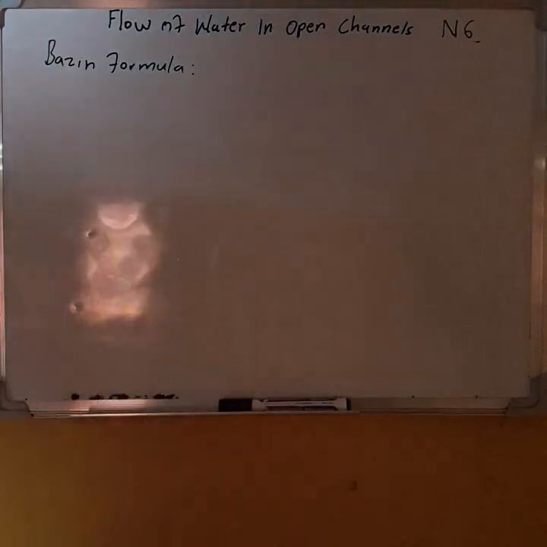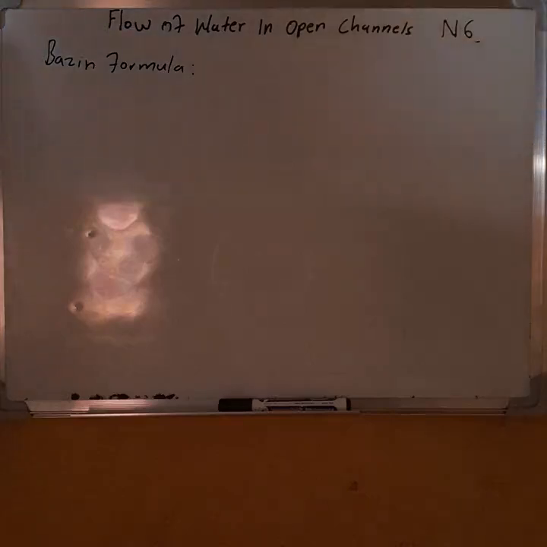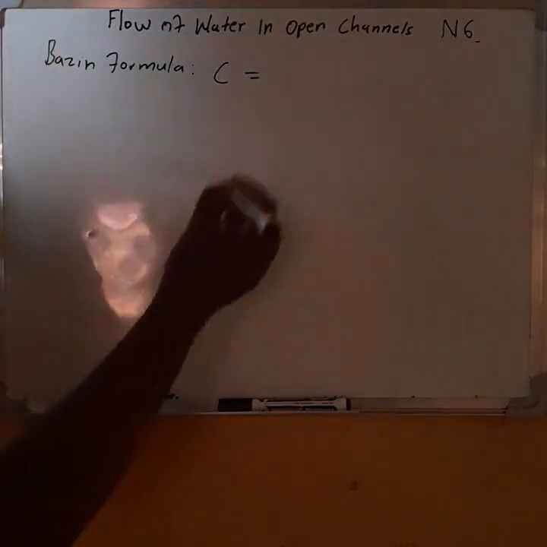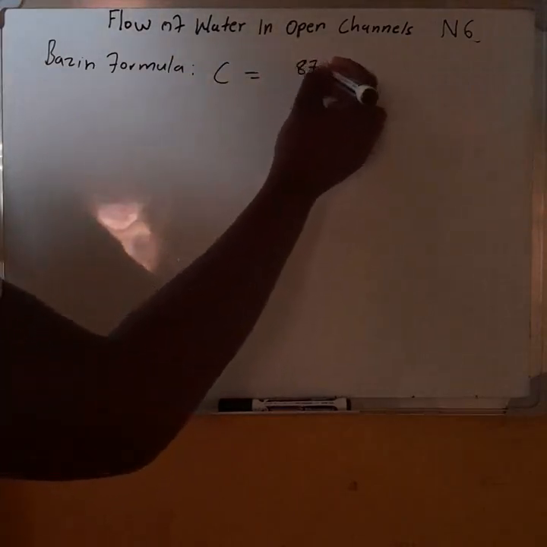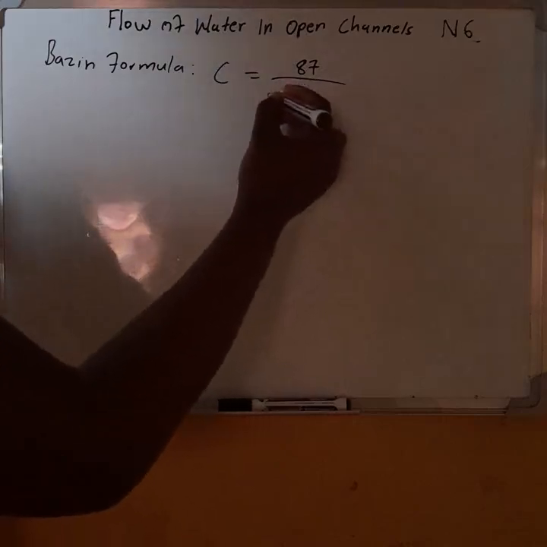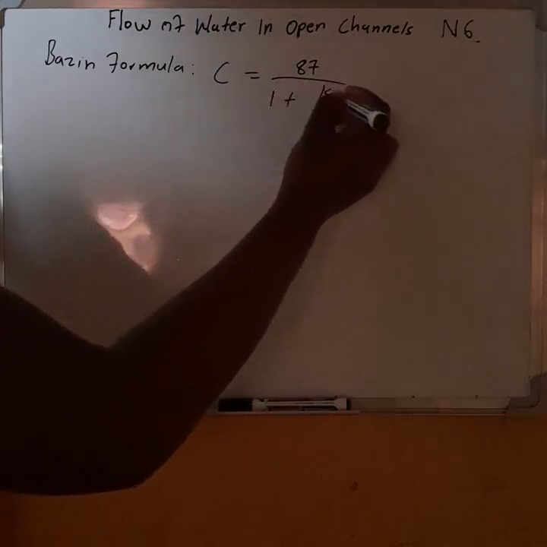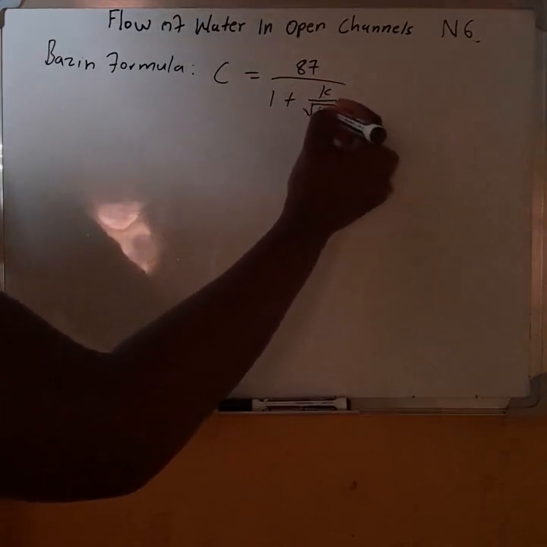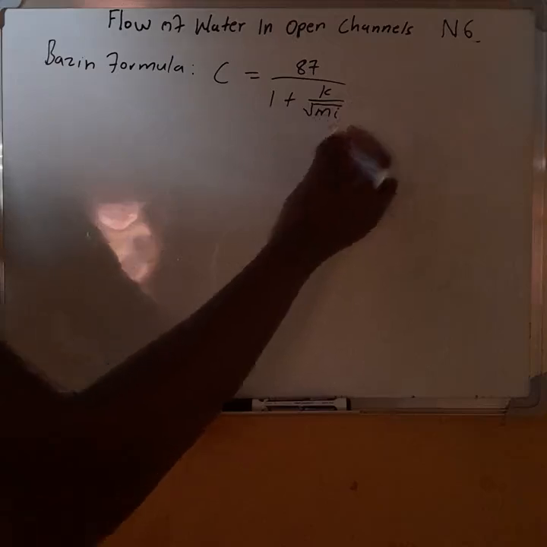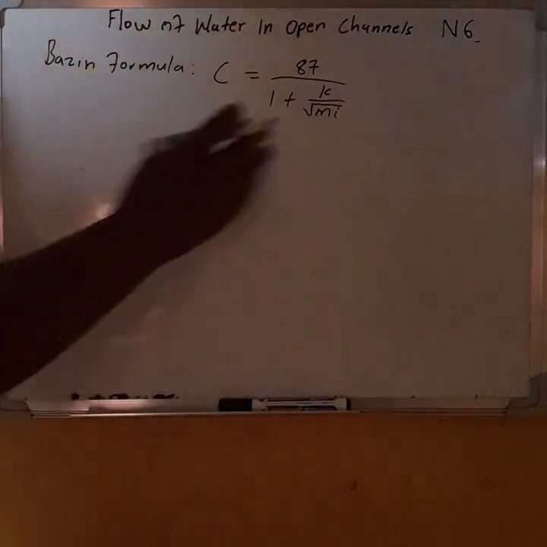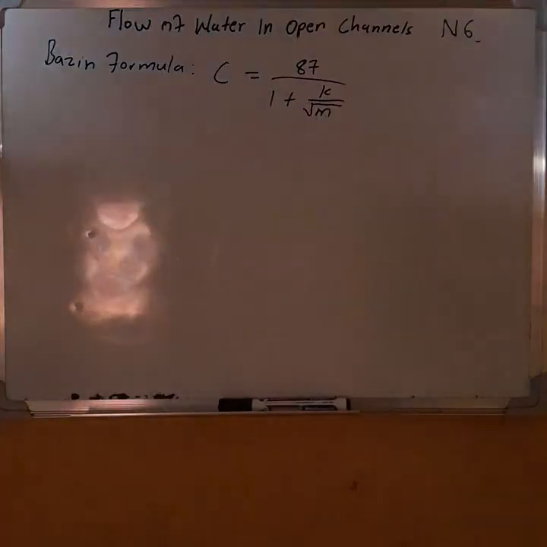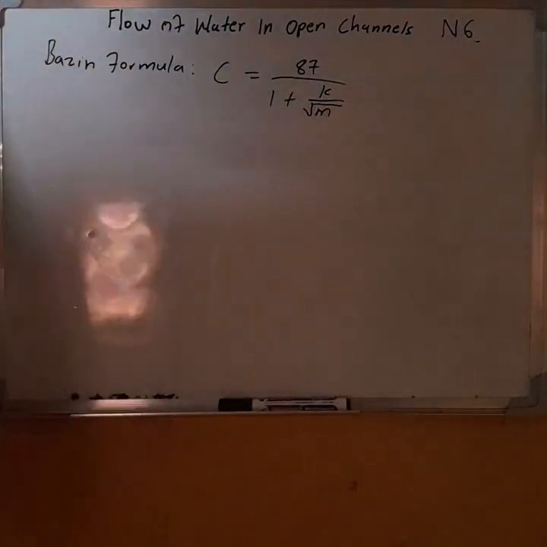You must know the Bazin formula. C is equal to 87 over 1 plus K over the square root of M, where M is the hydraulic mean depth. We call this the Bazin formula.